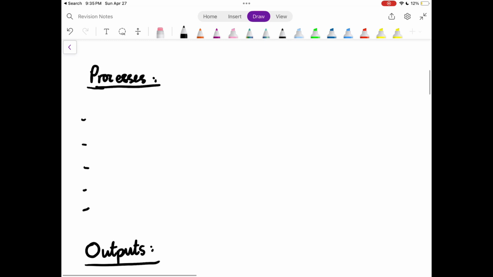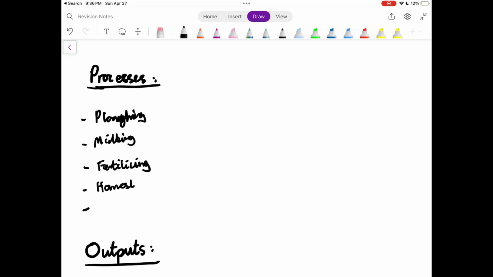So some examples of processes include plowing, milking, fertilizing, harvesting, and feeding.